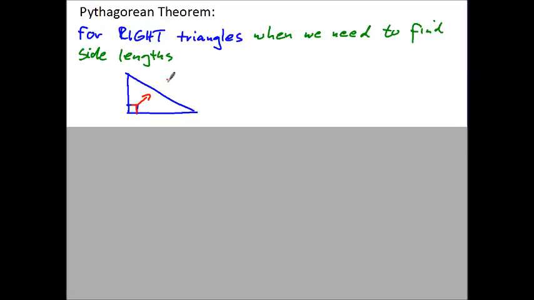And the hypotenuse is the side that we always call C. And the other two sides are the legs, which are adjacent to the right angle. Those sides get the names A and B. It doesn't matter which one of the legs gets the name A and which gets the name B, but we always have to name the hypotenuse C. And then our Pythagorean theorem goes like this: C squared is equal to A squared plus B squared.